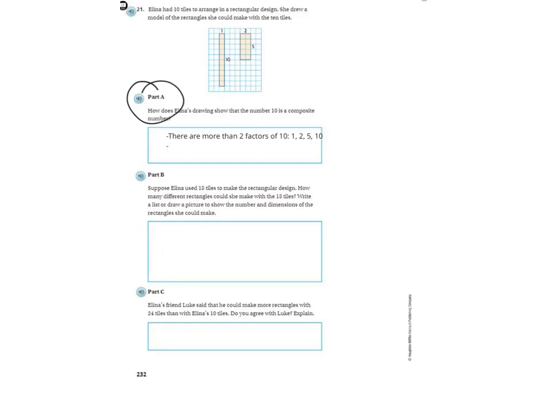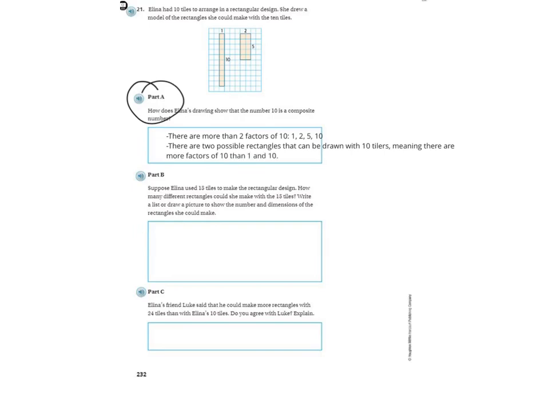But if we're going to keep it in terms of rectangles, you're just going to tell me there are 2 possible rectangles that can be drawn with 10 tiles, meaning there are more factors of 10 than 1 and 10.